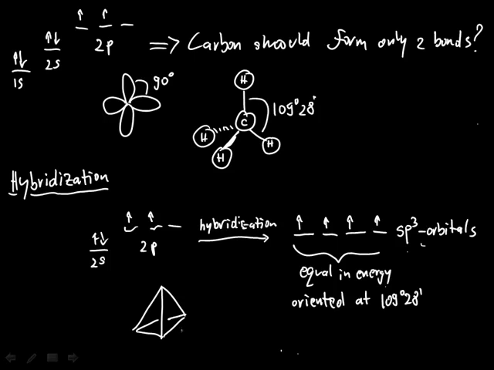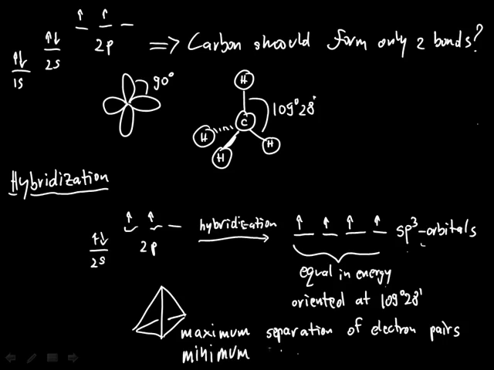And if you think, why is maximum separation of electron pairs favorable? It's because electron pairs are all negatively charged, and so maximal separation means also a minimal repulsion of these same electron pairs.